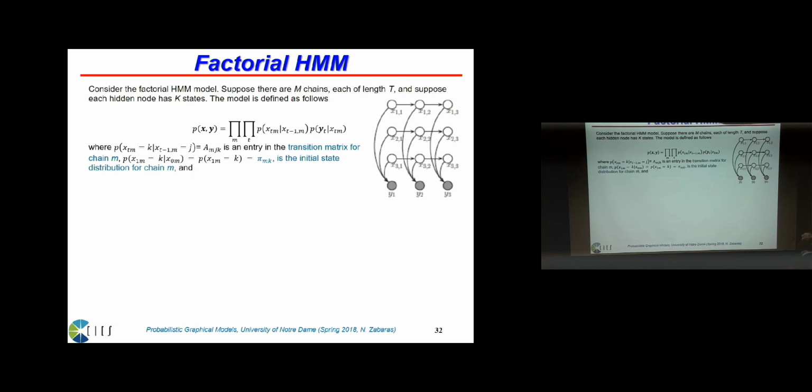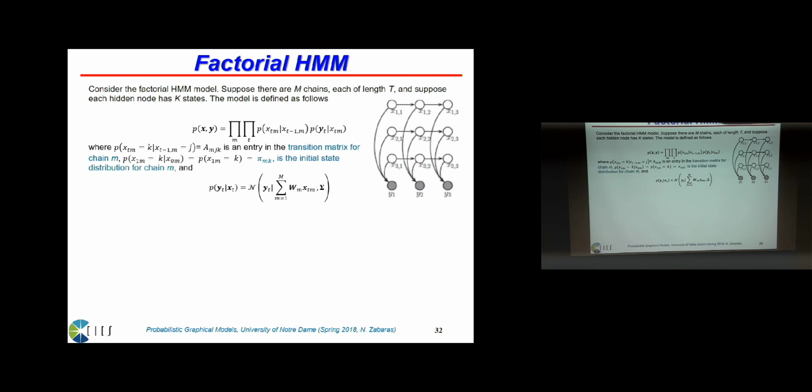So the definition is similar to the exact joint log likelihood that we have seen before. A we use for the transition matrices, and we have some probabilities for the initial state. What is different from what we have done before is that there is an index m, because these transition probabilities and the initial probabilities have to refer to each chain, from 1 to M. That's the only difference. The likelihood model is the departure from what we have done in the HMM presentations.